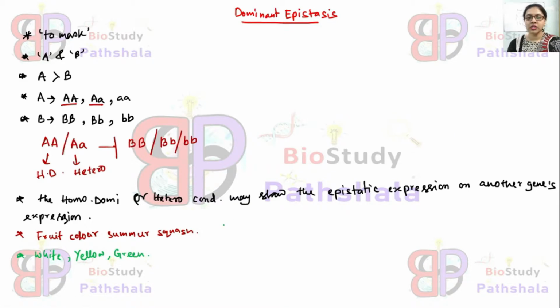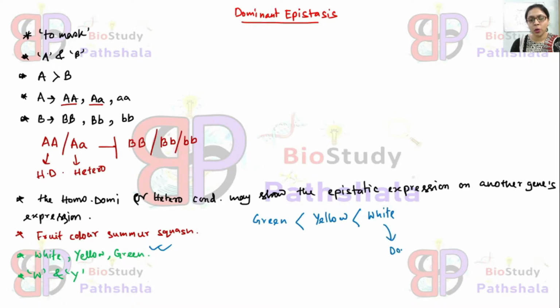The possible genes responsible for this coloration are the W gene and the Y gene. Among these three colors, green is the most recessive. Green is recessive to yellow and white, and yellow is recessive to white. That means white is the most dominant color while green is the most recessive color.